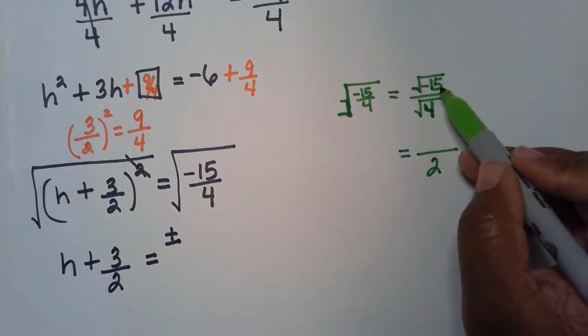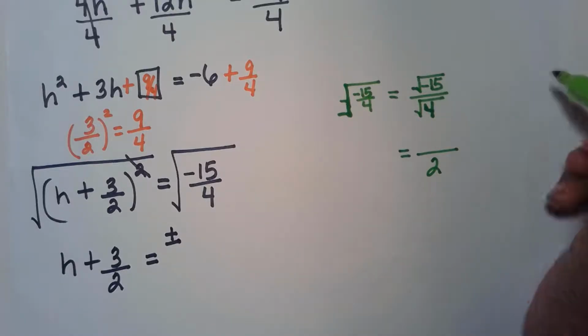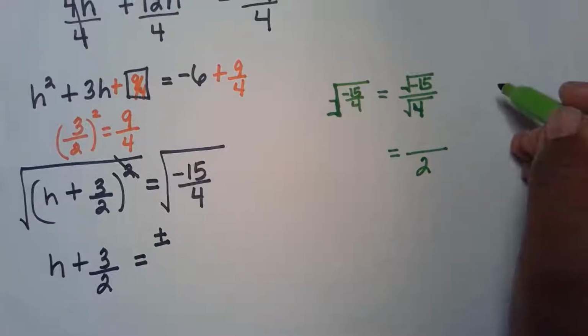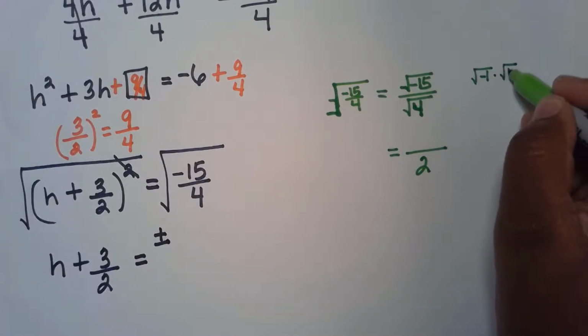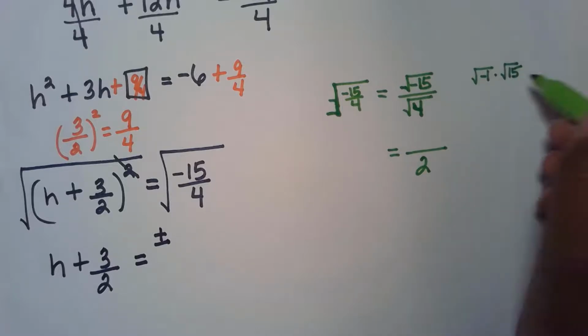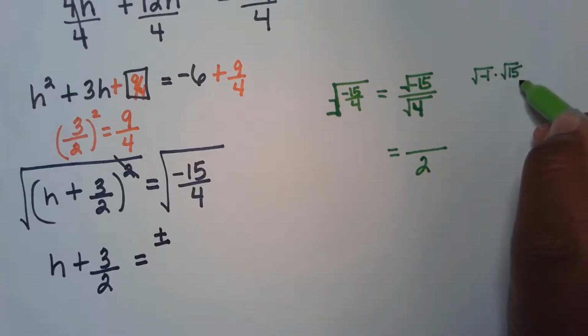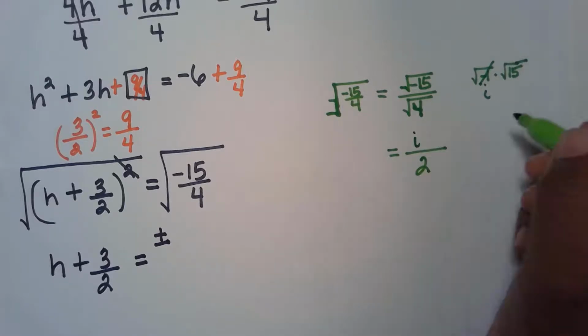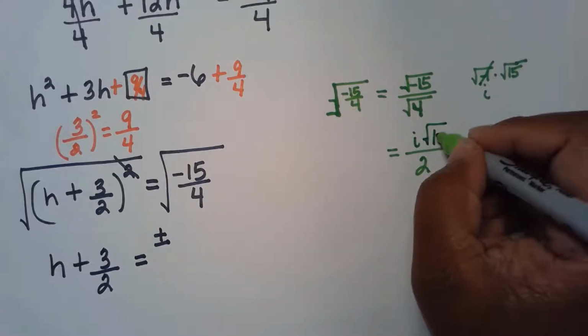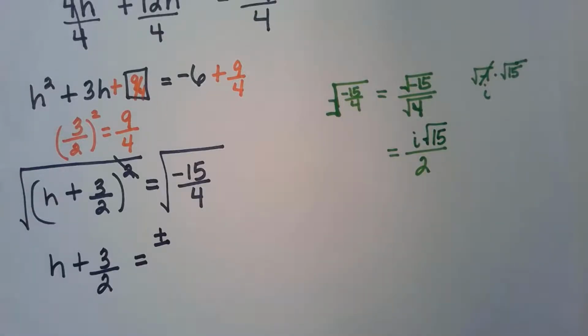Now look at your numerator. You have the square root of negative 15. We talked about complex numbers where we want to take out that negative 1 factor: the square root of negative 1 times the square root of 15. 15 we can't do anything to, but we can take the square root of negative 1, which is i. So our numerator will be i square root of 15.